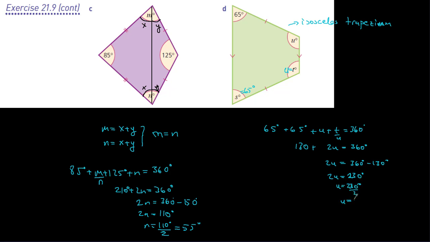U is equal to 115, it has to be. So that's the solution of the question. Here s is equal to, I didn't mention that one, s is equal to 65, u is equal to t is equal to 115, it has to be.